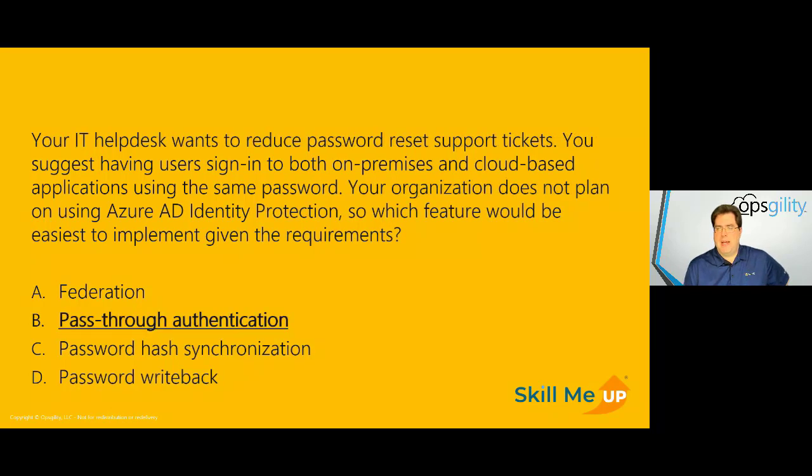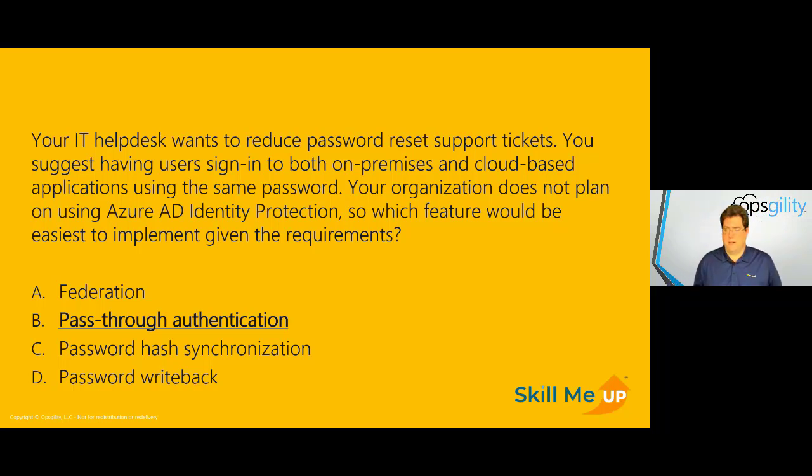This one would be pass-through authentication. We want to sign in to both. We're not using any identity protection at the Azure Active Directory level, so we need to set up pass-through authentication so that they're only signing on at the on-premises level. So that way they can set up self-service password reset there.